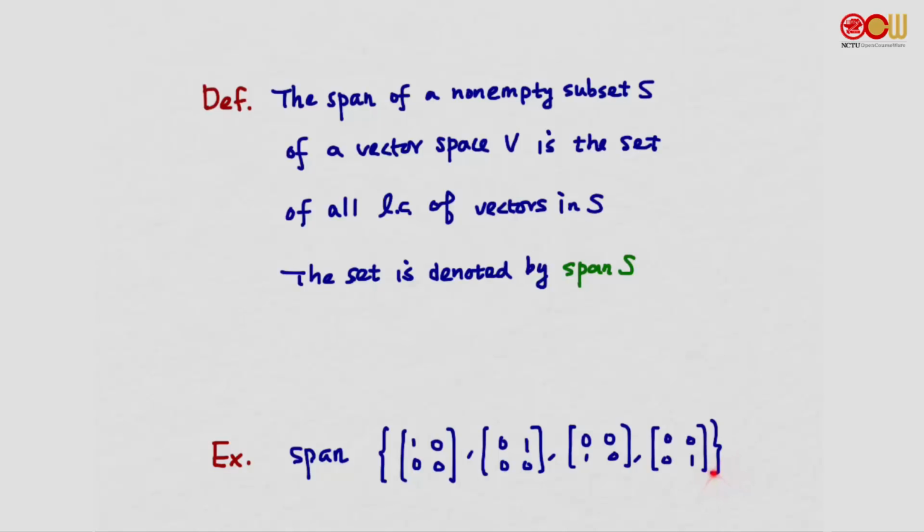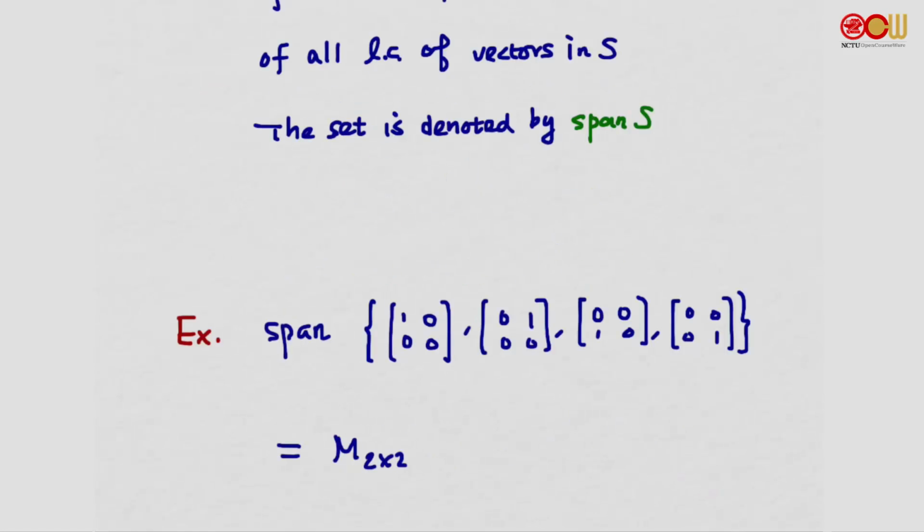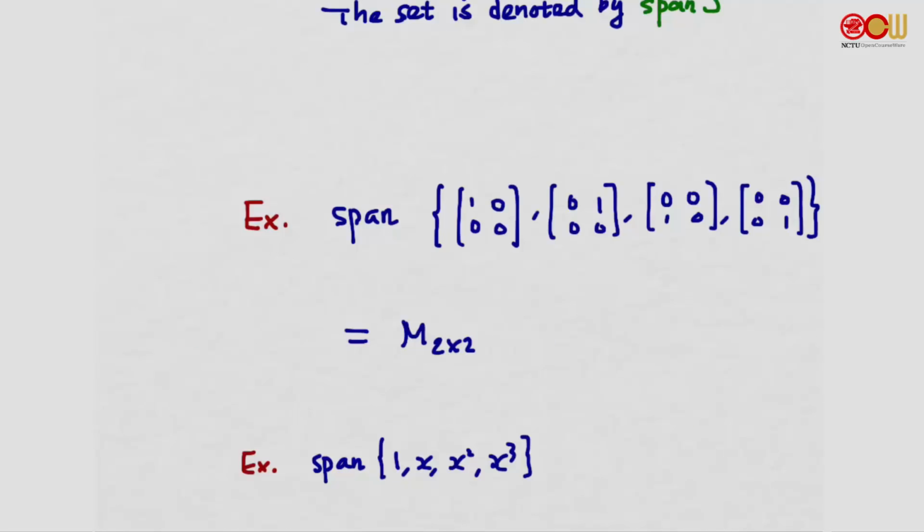This is a subset of M2x2. What would be the span of this set? If we consider arbitrary linear combinations of these 4 vectors, then we would get arbitrary 2 by 2 matrices, right? So that would be the same as M2x2.